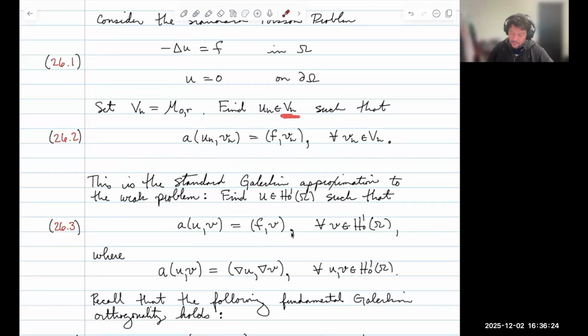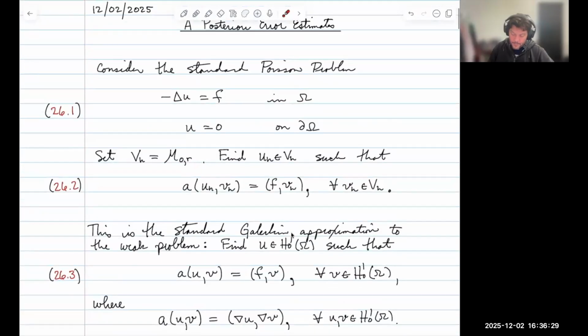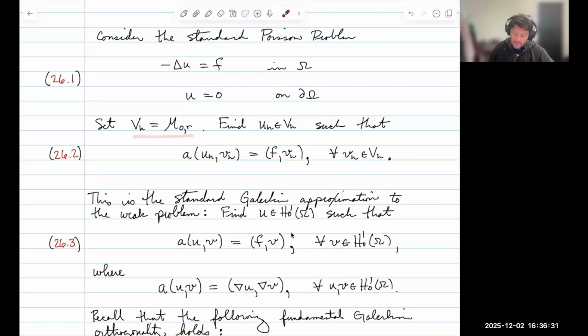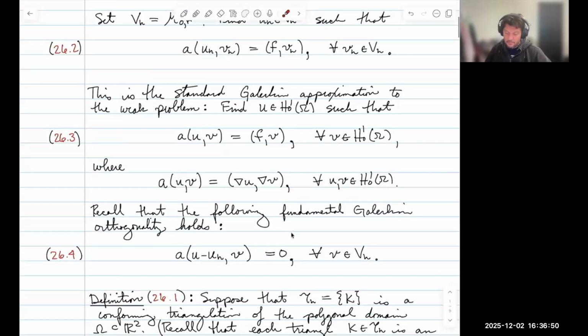We create a finite dimensional subspace of H01, usually using piecewise polynomials of degree r, which are globally continuous. So we're looking for u_h in V_h that satisfies this equation for every test function, which is also in the finite dimensional space V_h, the finite element space. So this is the standard Galerkin approximation for our weak problem, right?